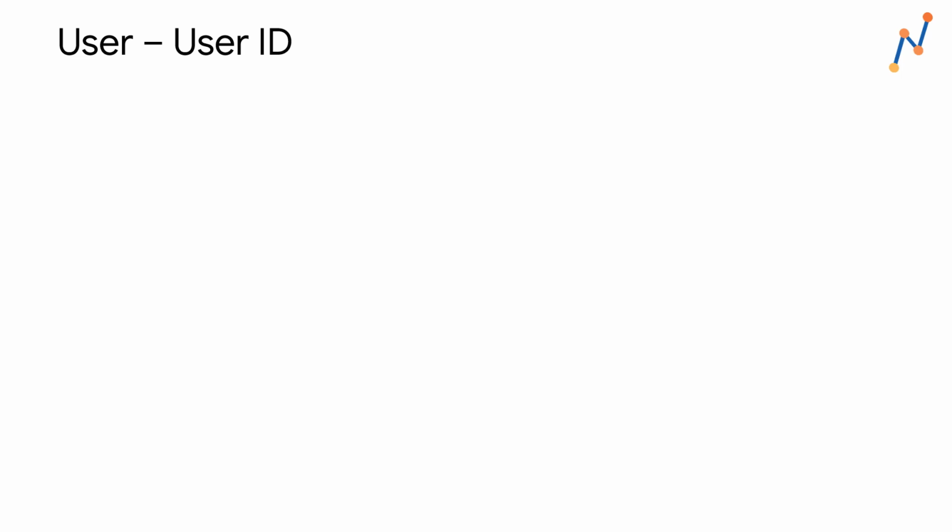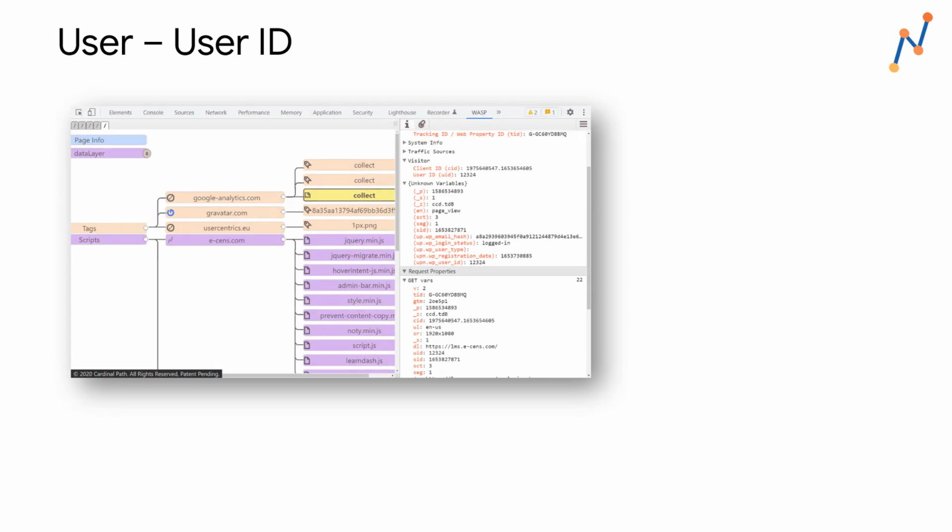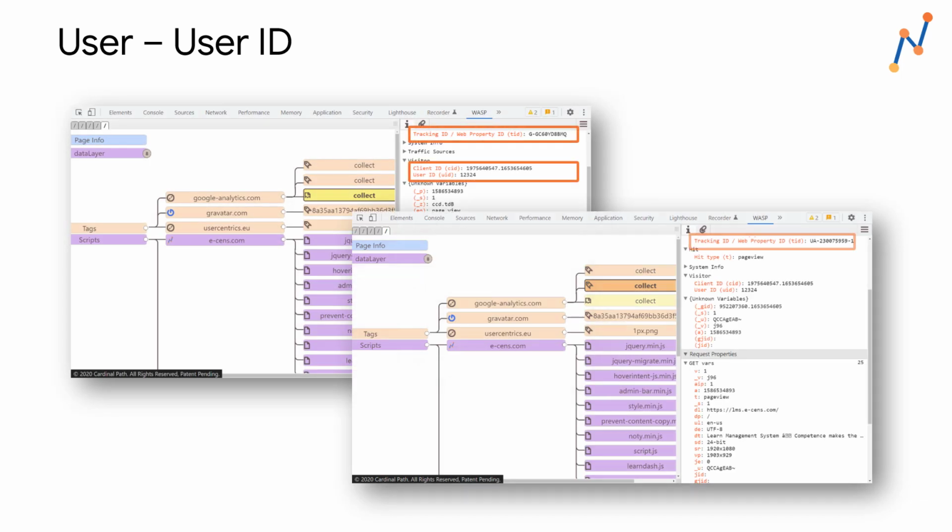And if the question now arises where to find this user ID, it can also easily be answered by using the previously mentioned tool WASP, which will again show detailed information for both Universal Analytics and GA4. Obviously, the information about user ID is to be found right below the client ID.